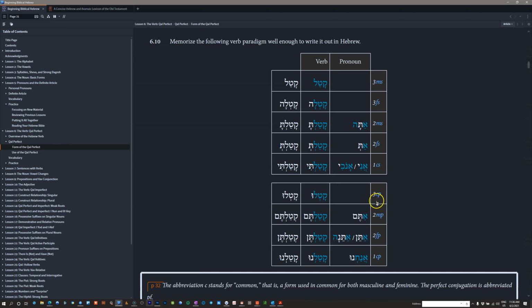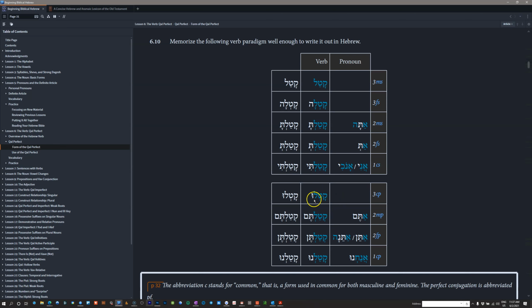When we get to the third common plural, again, third person doesn't really borrow from the pronouns. I mean, you could maybe see the hey from he carried over here. You could maybe see the shurek, but there isn't really a shurek in the plural pronouns. So the third person, this pronoun carryover doesn't really work.